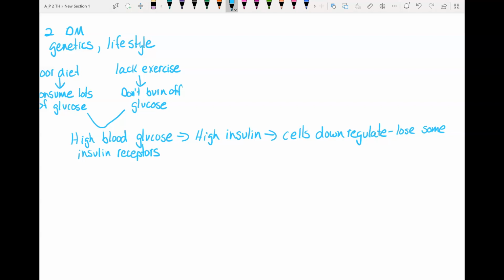So this means that the cells are not responding to the insulin. There's glucose in the blood, there's insulin in the blood, but the cells aren't responding. And if they fail to respond to insulin, that means they fail to take up glucose from the blood.